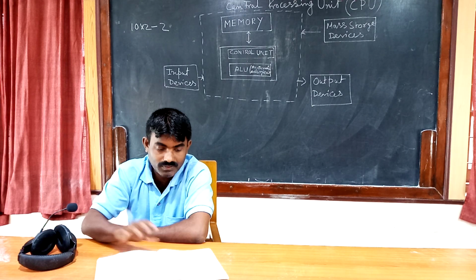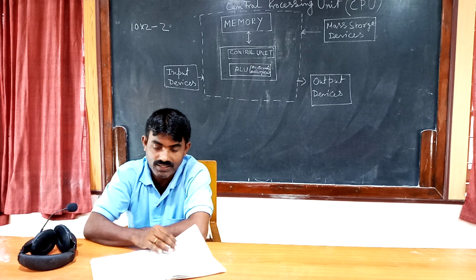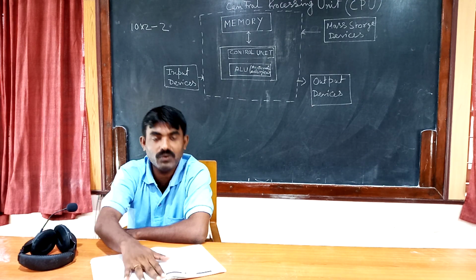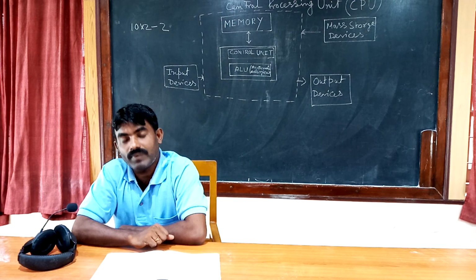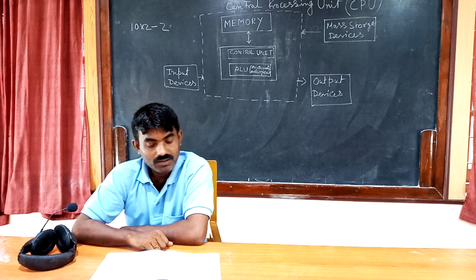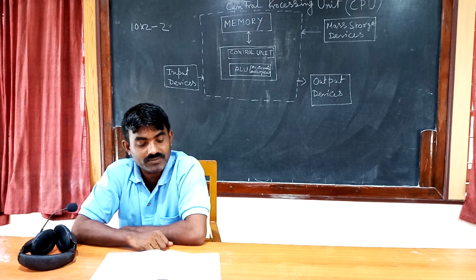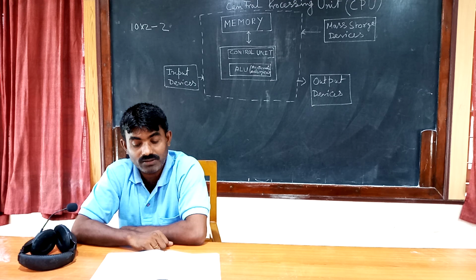So in the class we know about the fundamental system of the computer, the structure of the computer system. A computer system consists of hardware and software. We know about that.